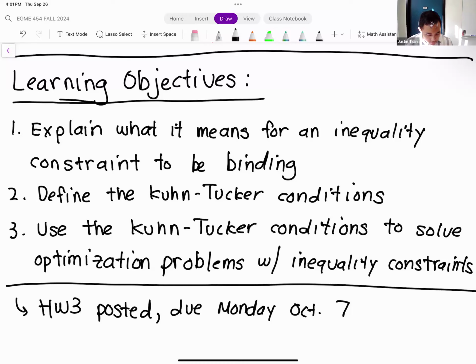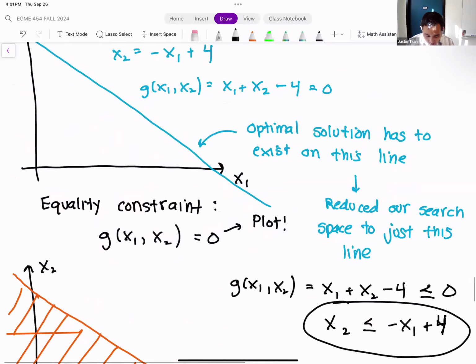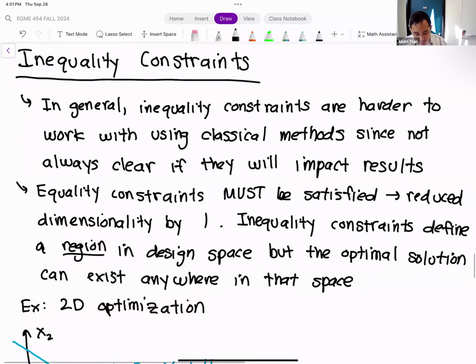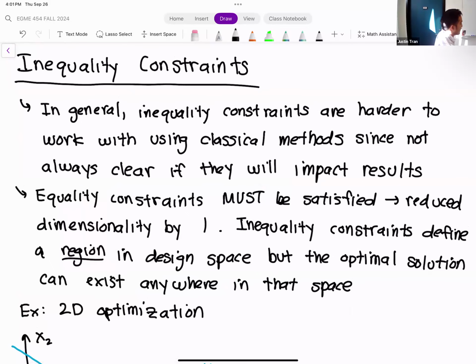The first thing I want to do today is go back up to this figure, because we're moving on to the realm of inequality constraints. Whenever we do an optimization problem, ultimately we're minimizing the objective function.